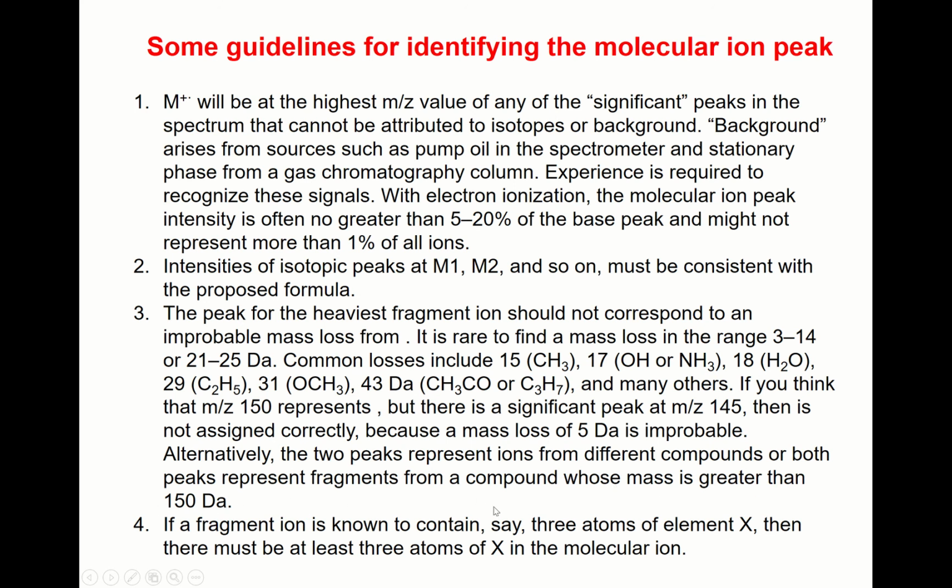This means that you observed these two relatively strong peaks, and they are not molecular ion peaks, so the molecular ion peak did not appear, but the molecular ion has a higher mass number than these two numbers.